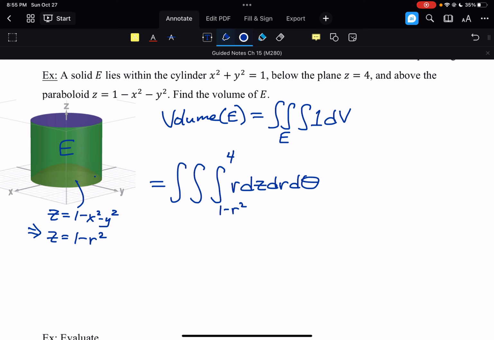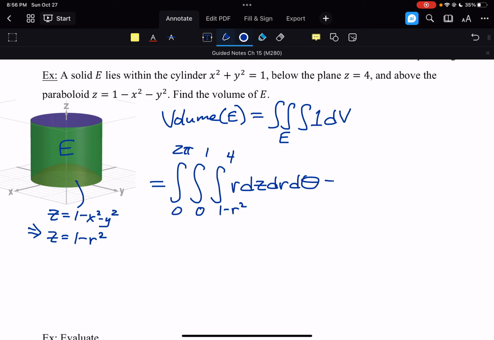And then the dr d theta, this is all being evaluated over a circular disk, going from 0 out to the outermost radius, which is 1. That's where the cylinder is. So 0 to 1 for the radius, and we go all the way around, so theta goes 0 to 2 pi.